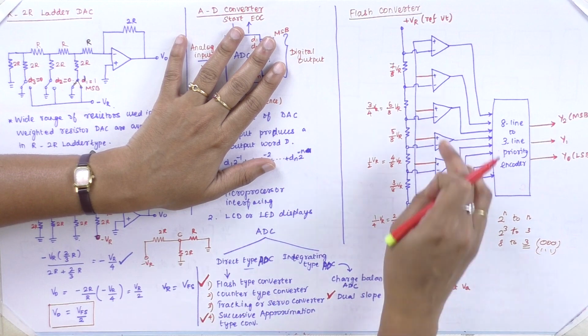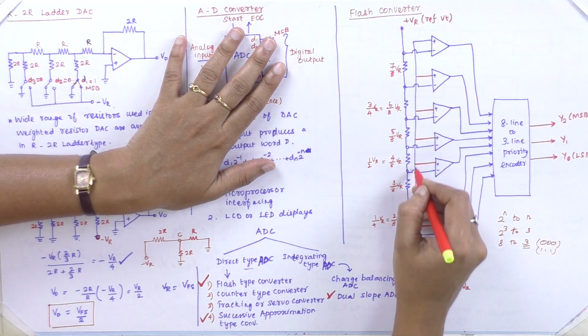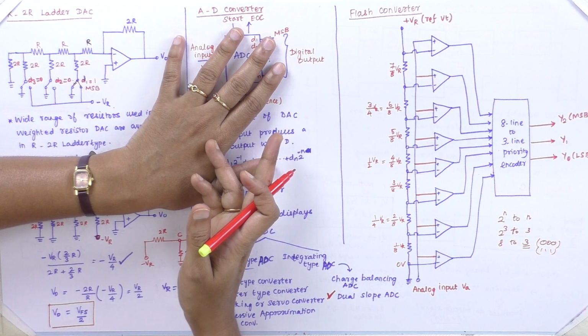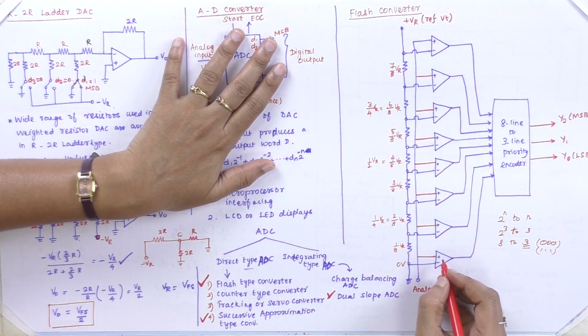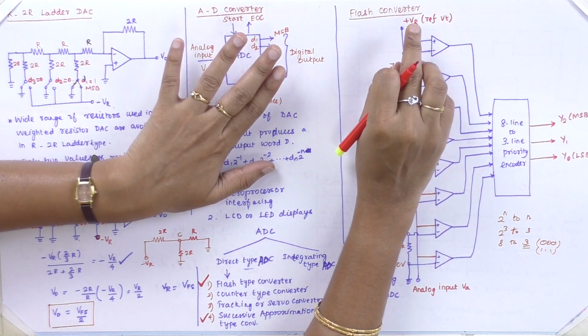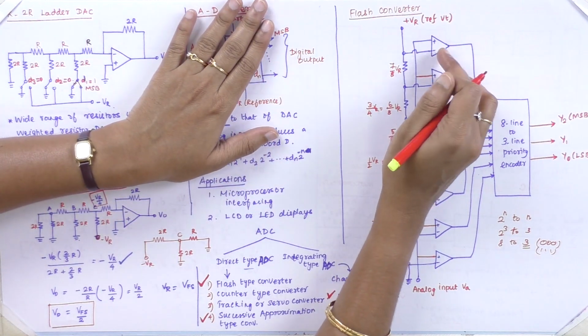Here we have an operational amplifier, and the analog input VA is connected through these red lines to the non-inverting terminal, and the reference voltage is connected to the inverting terminal. This reference voltage is divided with the voltage divider.